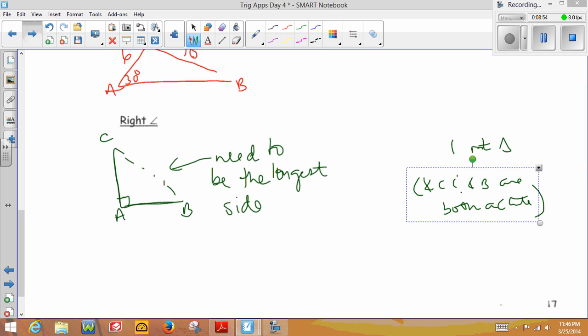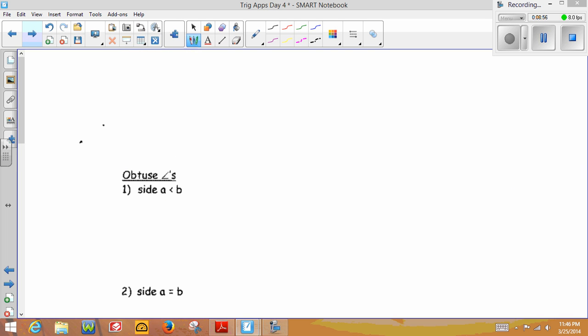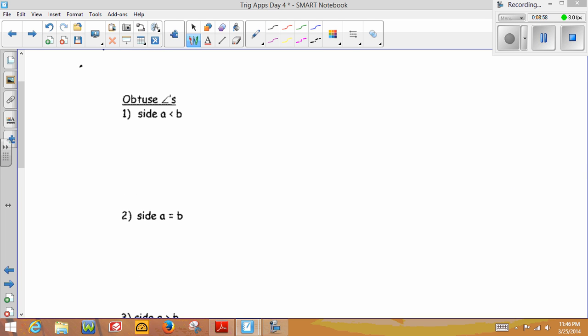On the next page, we have obtuse triangles, or an obtuse angle, and side A is less than side B. I'll make up a situation. The measure of angle A is obtuse, so it's 150. And then A is 8, and B is 10.